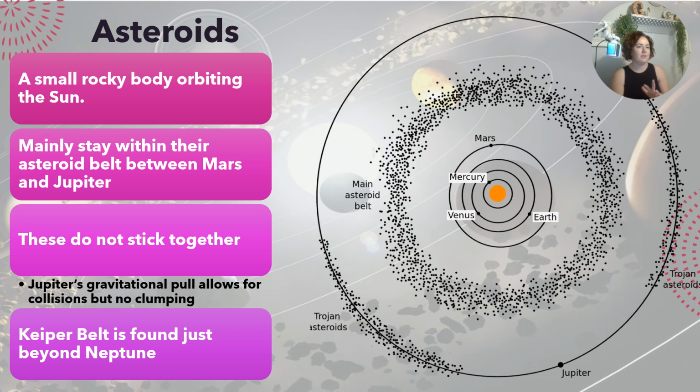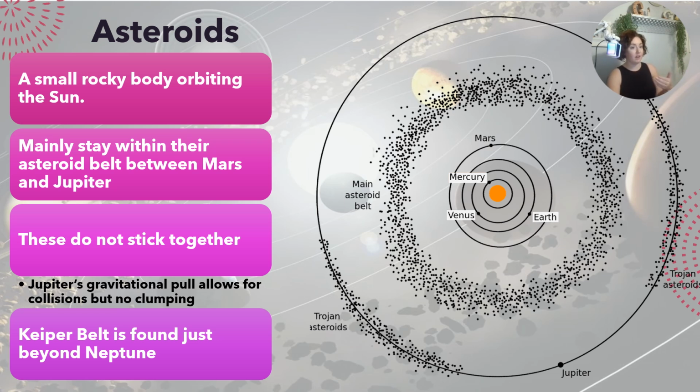So you can see from this diagram, you have the main asteroid belt that is found between Mars and Jupiter. You also have what we call the Trojan asteroids, and these are the asteroids that Jupiter just can't get rid of. But just beyond Neptune, we have another asteroid belt.